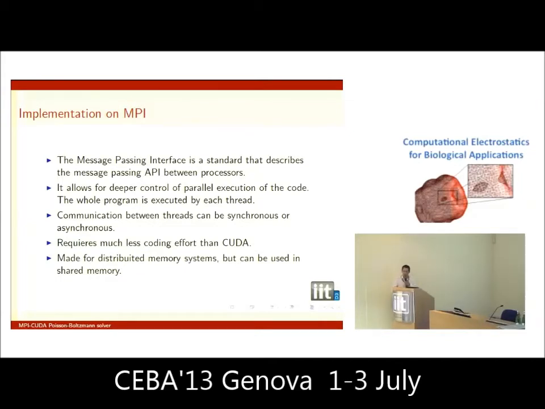To program in CUDA, you have to take the data to the card, etc. With MPI, it's simpler, and you work on the CPU, and you have asynchronous or synchronous communication, and we'll talk about it later. It's made mostly for distributed memory systems, so you have a cluster, different CPUs. Nevertheless, it can be used with only one CPU.